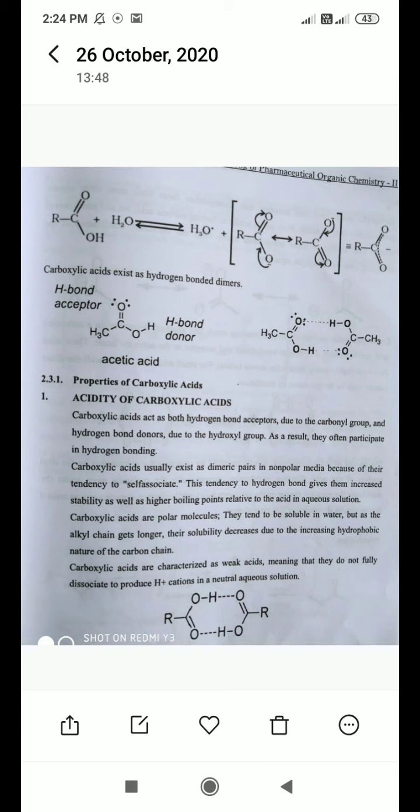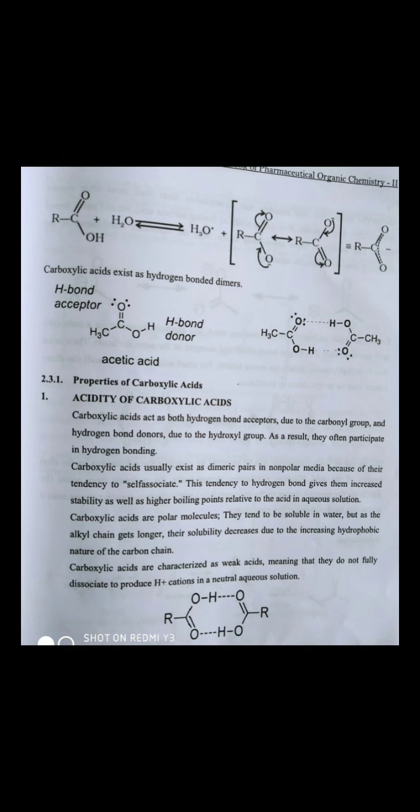Carboxylic acid usually exists as a dimeric pair in non-polar media because of its tendency to self-associate. Self-associate means they form bonds intermolecularly between the same functional group. An acid functional group interacts with an acid functional group, and with the help of hydrogen bonding they form the dimer.